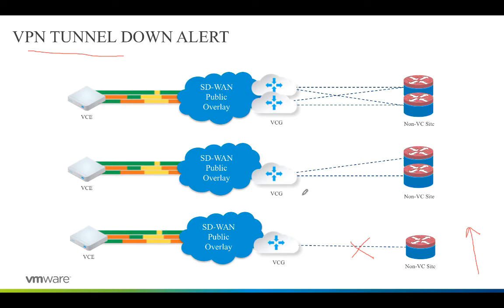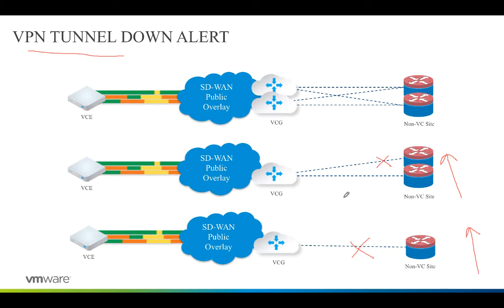Let's go to the second configuration here, where you have 2 IPsec devices on the non-VeloCloud side. The single gateway has established 2 IPsec tunnels. In this case, if either one of the tunnels goes down, we are not going to trigger the VPN down alert.